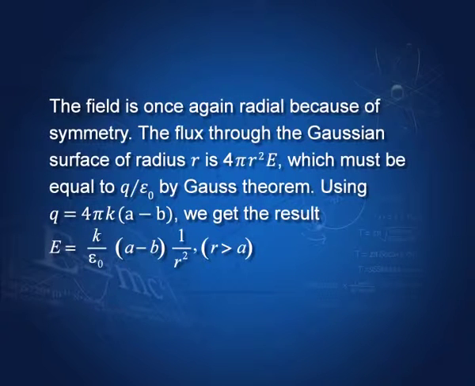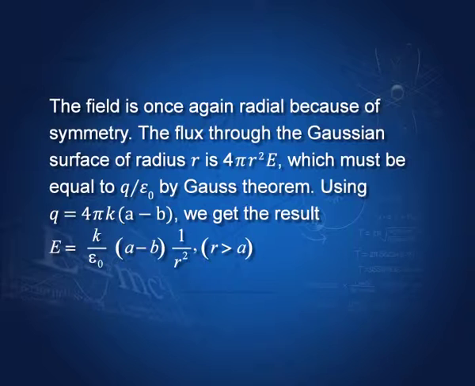And now, we will find the field inside and outside. The field is once again radial because of symmetry. The flux through the Gaussian surface of radius r outside the sphere must be equal to q by epsilon 0, so 4 pi r squared E must be equal to q by epsilon 0. Q is the total charge, which is 4 pi k into a minus b.